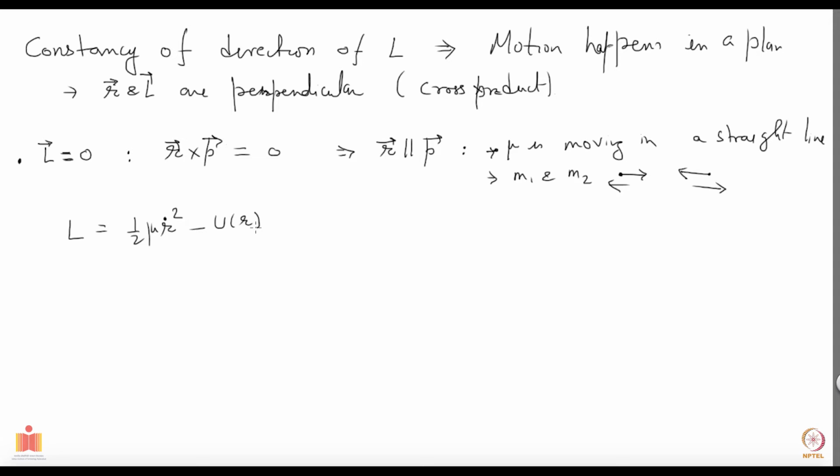That's the choice we can make without any loss of generality. I can just choose the z direction to be the direction of L. So choose the z-axis to be along L, and the motion then happens in the xy plane. Okay, fair, that's good.